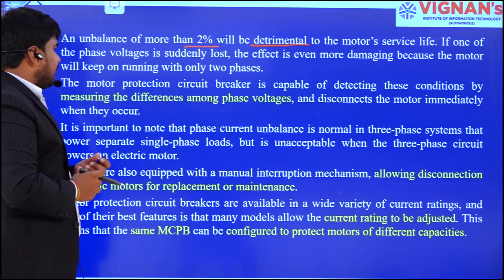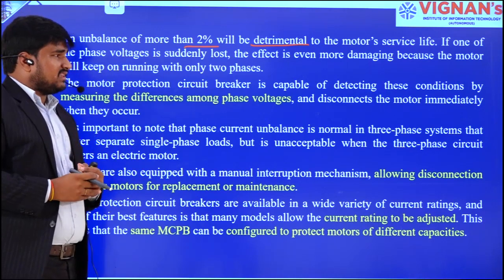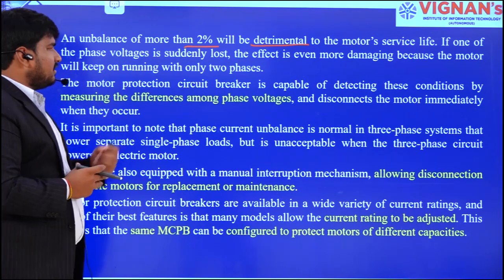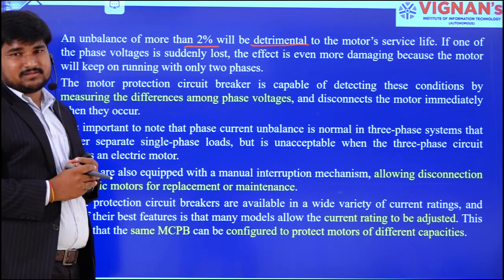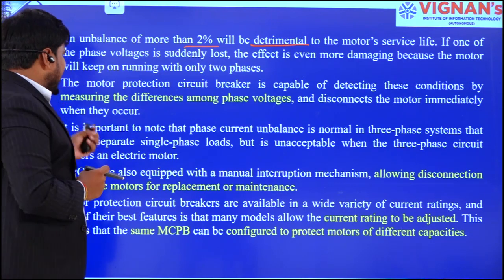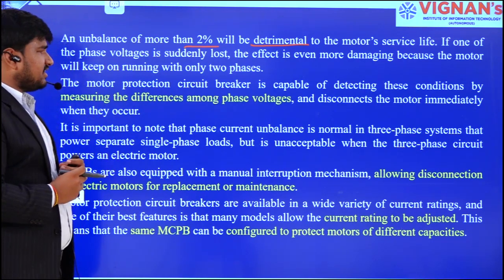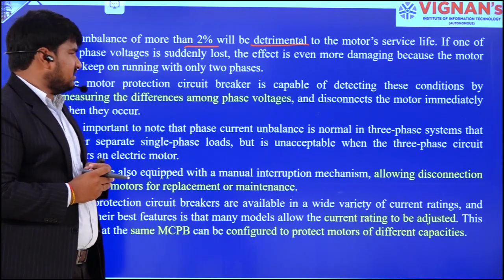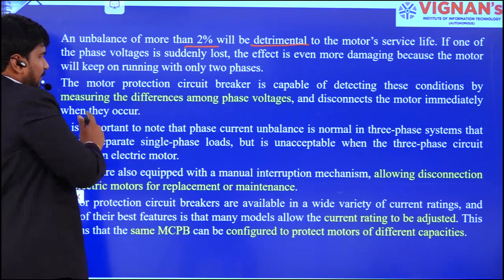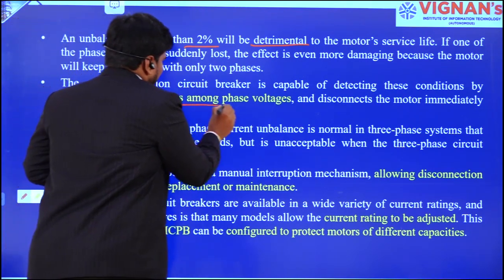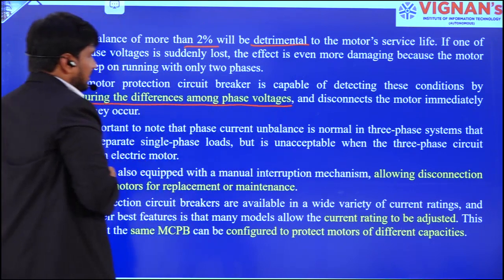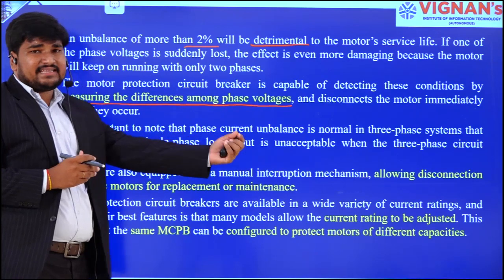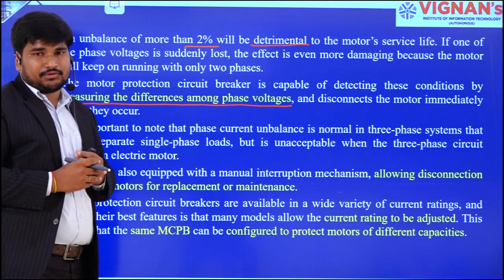If one of the phase voltages is suddenly lost, the effect is even more damaging, because the motor will keep on running with only two phases, right? So the motor protection circuit breaker is capable of detecting these conditions by measuring the differences among phase voltages, and if unbalance occurs, it will immediately disconnect the motor from the circuit.